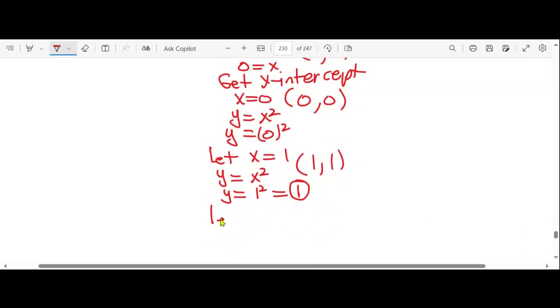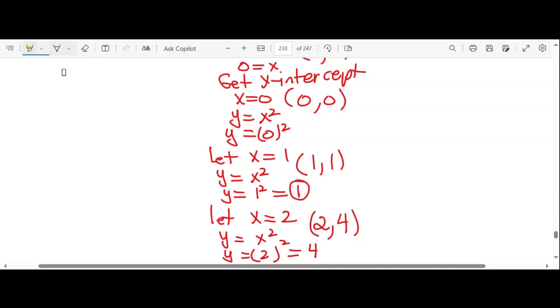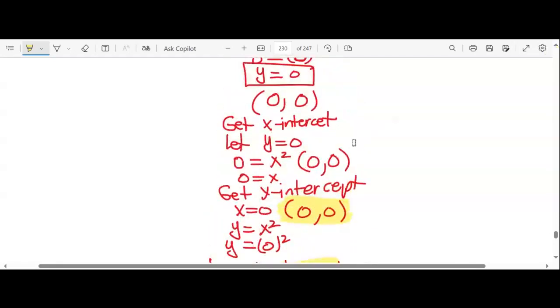If I let x equal 2, we have y equals x squared. So y is going to equal what? 2 squared. How much is 2 squared? 4. So your second point is going to be 2 and 4. So how many points do I have now? 3 points, right? 0, 0, 1, 1, and 2 and 4. Correct?